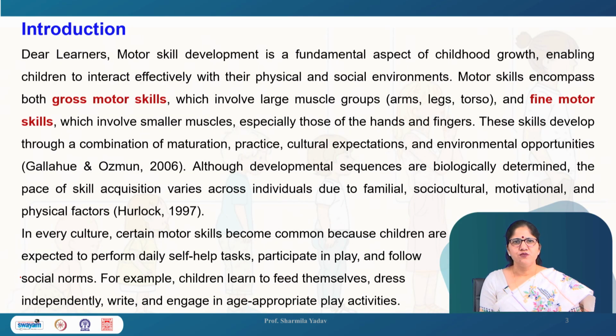Dear learners, motor skill development is a fundamental aspect of childhood growth, enabling children to interact effectively with their physical as well as social environments.